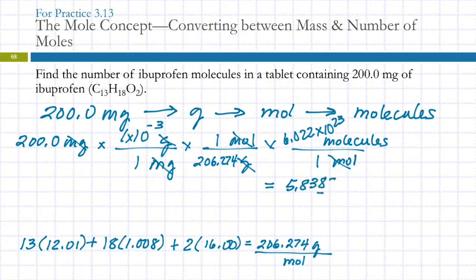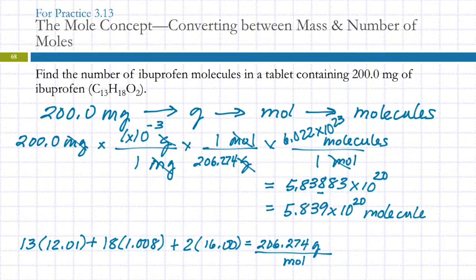And let's write down 2 extras. 83 times 10 to the 20th. And that would round to 5.839 times 10 to the 20th molecules. It's always nice to put a box around your answer so that it's easy to find.